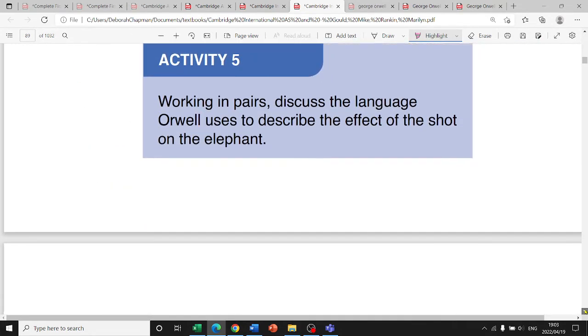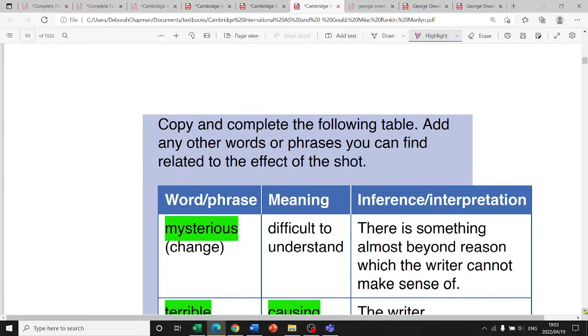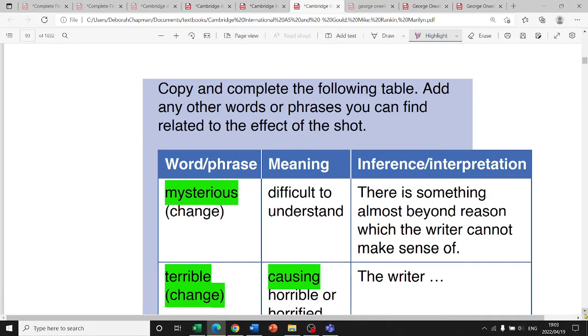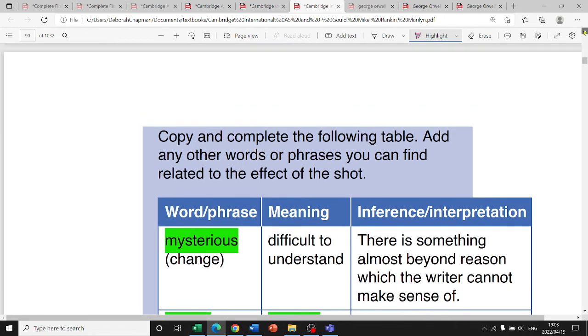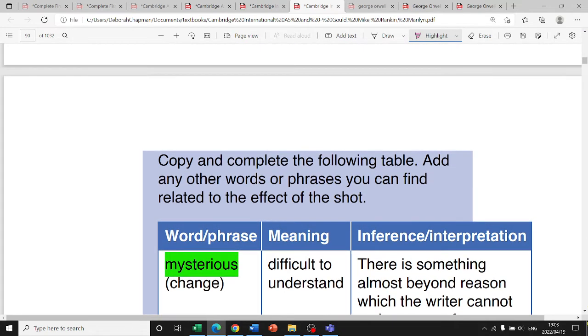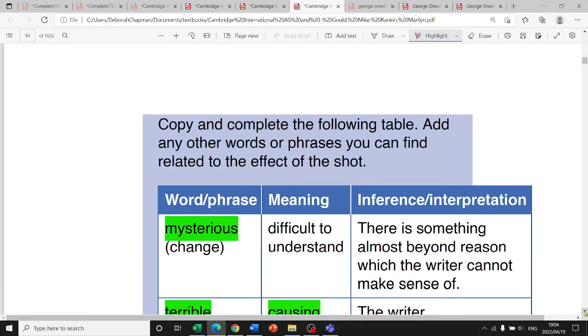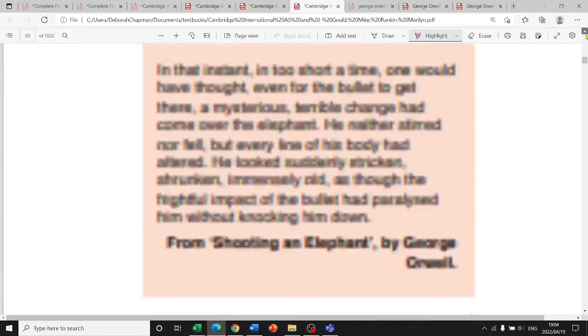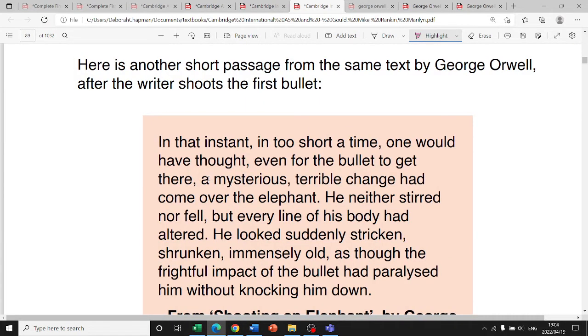So, did anybody choose the word mysterious change? Have a look. A mysterious and terrible change. Did anybody choose that?